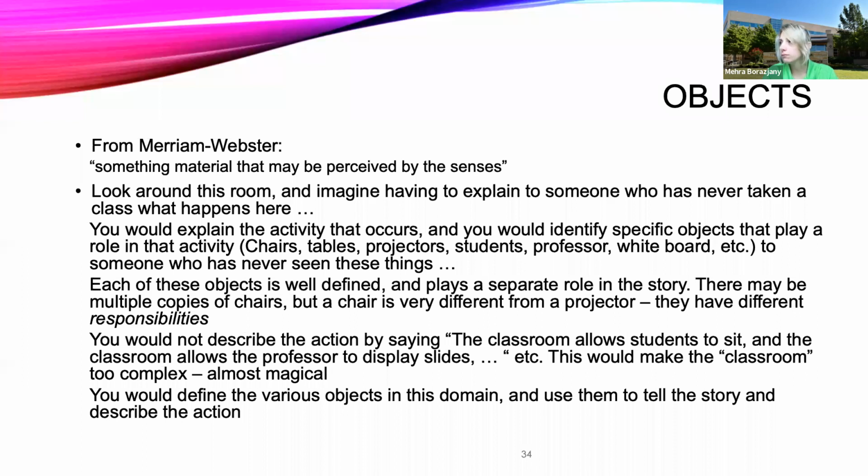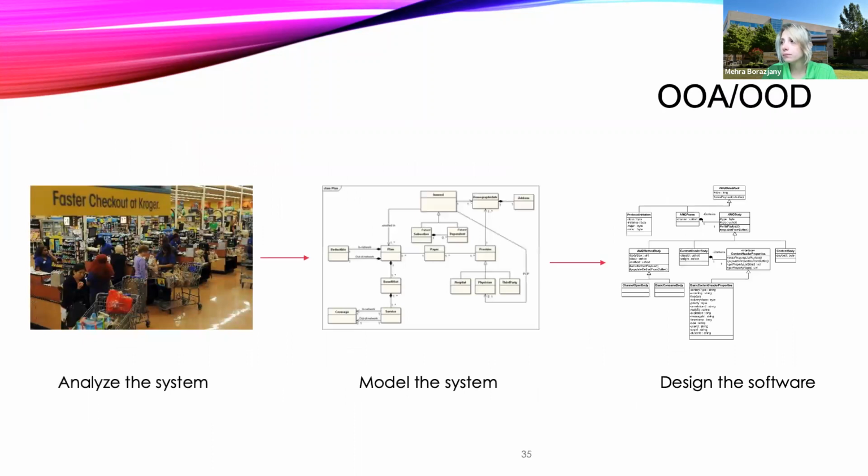So we learned what an object is, what a class is, how we find them, and how to find some of the main attributes of our classes. So in object-oriented development, first we do analysis, and that means we build our model.